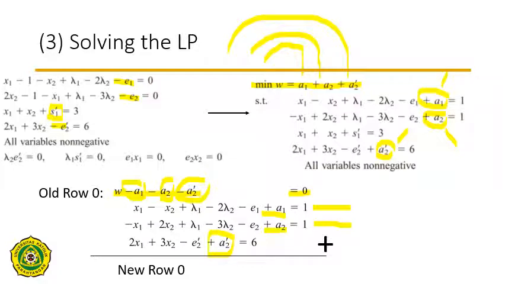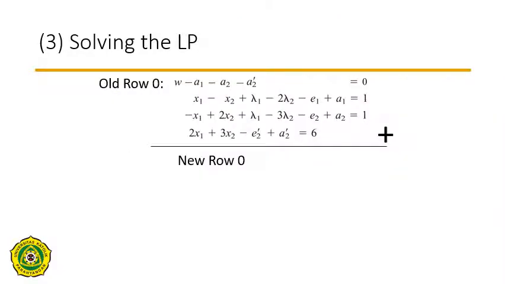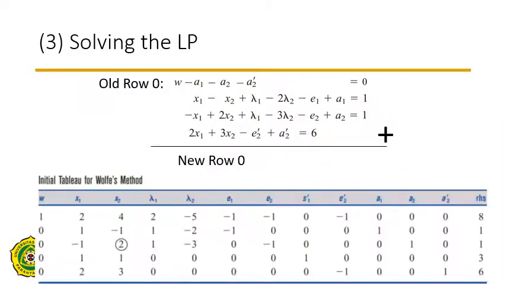You take the sum of all these and we have the new row 0. Here is our new row 0 in the table. We do not have A1, A2, and A2 prime anymore, and the right hand side becomes 8, because 1 plus 1 plus 6 is 8.